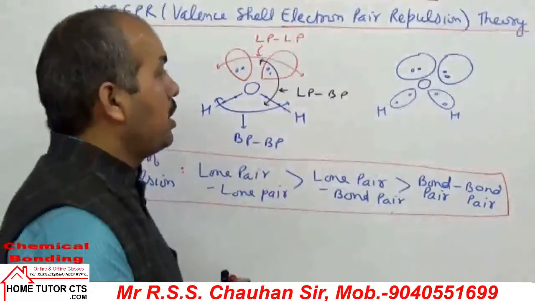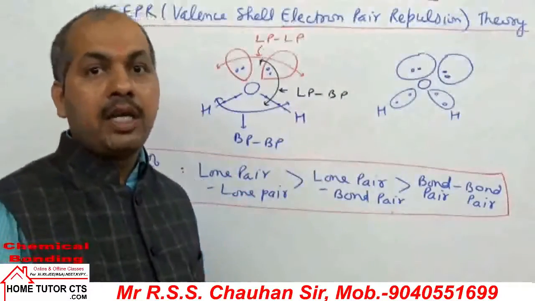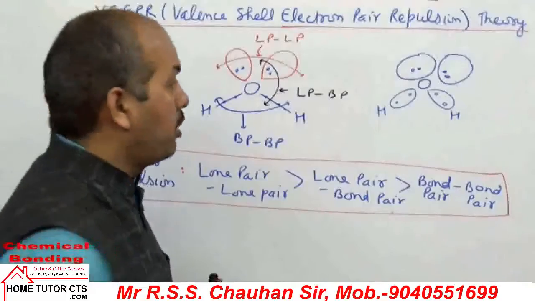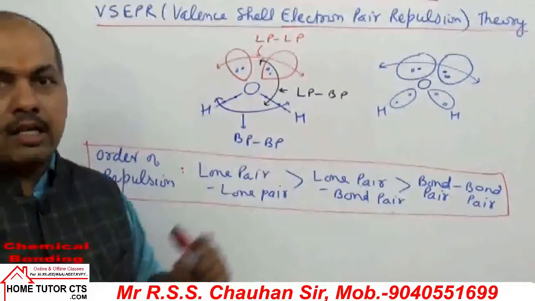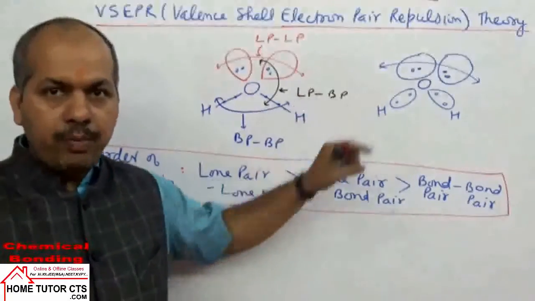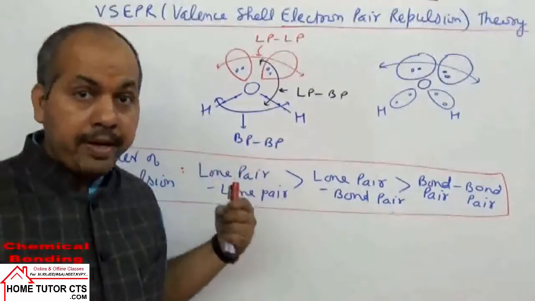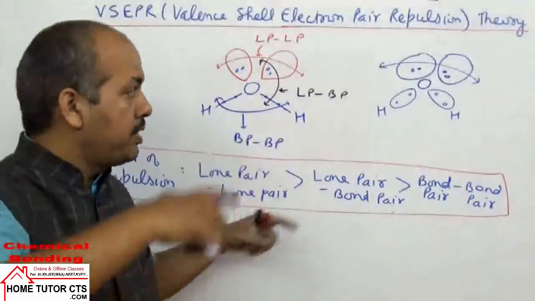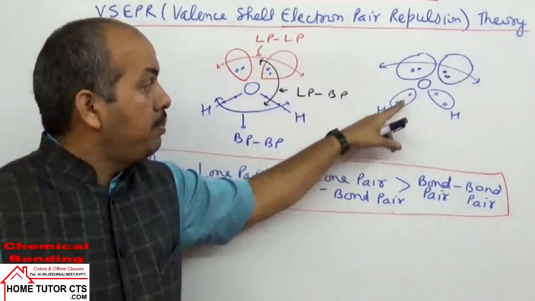So the lone pair occupies more space around the central atom and will cause more repulsion. That's the reason for more repulsion of the lone pairs. As the lone pair occupies more space around the central atom, occupying almost spherical space, it causes more repulsion, whereas bond pair will have elongated space. Elongation will occur of the space occupied by the bond pairs.